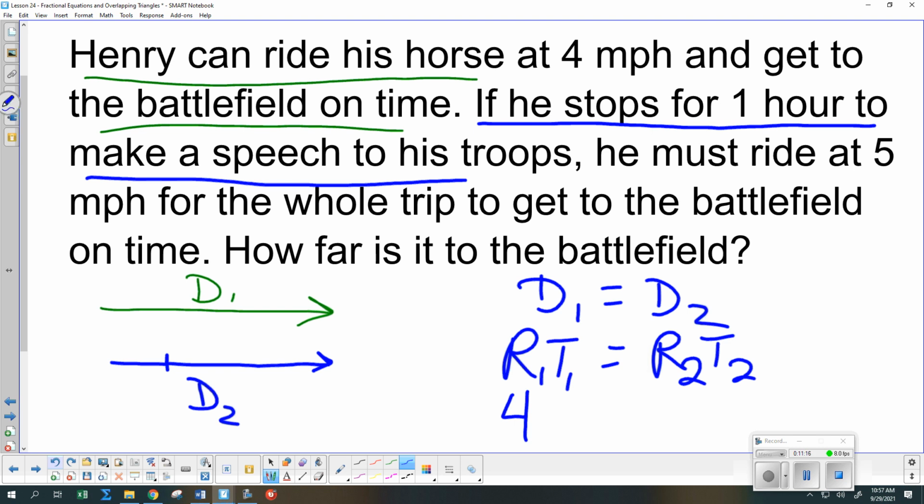And then when he stops, if he decides he's going to stop somewhere, he has to go at what rate for the whole trip, not just after he stops. So the second rate needs to be 5. So far, so good. Now the part where English is a confusing language. If he stops for an hour, that means he has that extra hour in there that he really is taking.